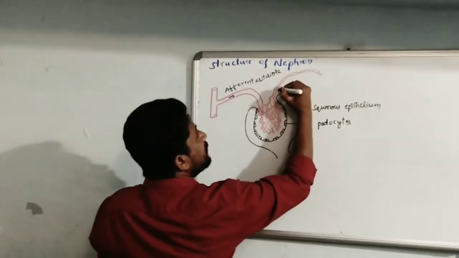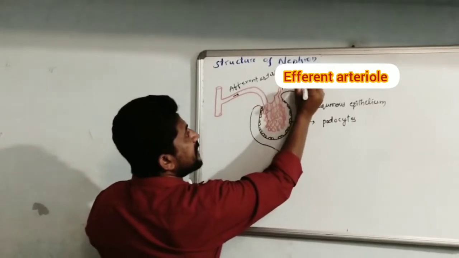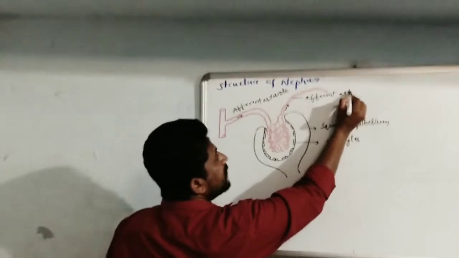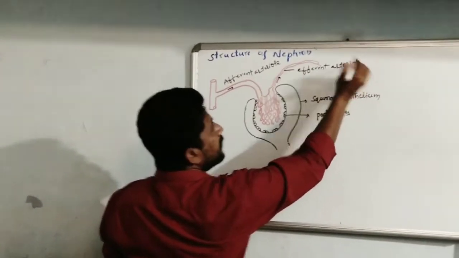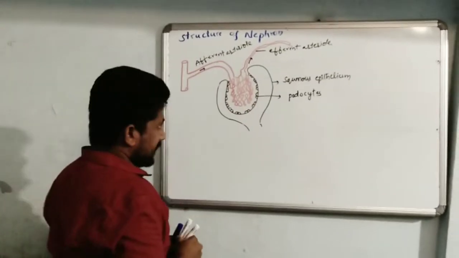The blood moves in this direction. This is the efferent arteriole.